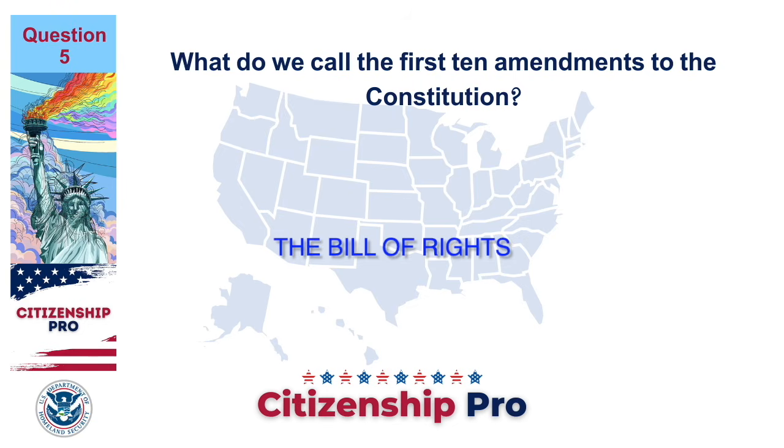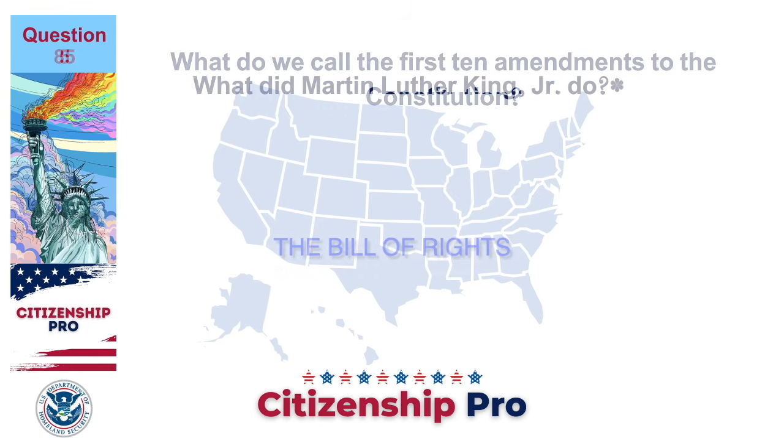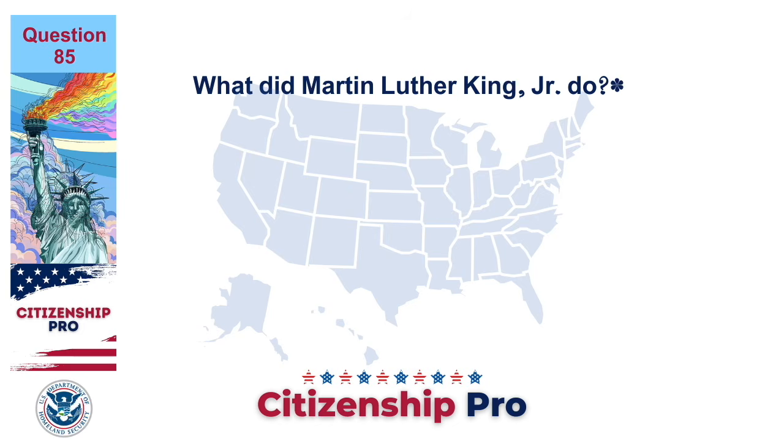The Bill of Rights. What did Martin Luther King Jr. do? Fought for civil rights.